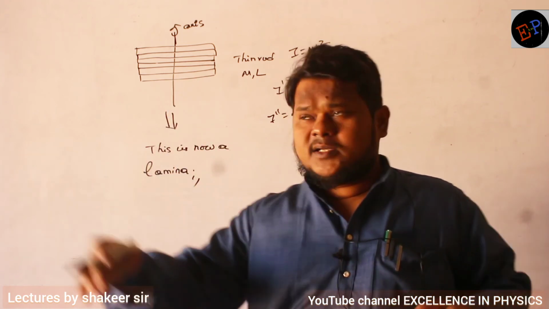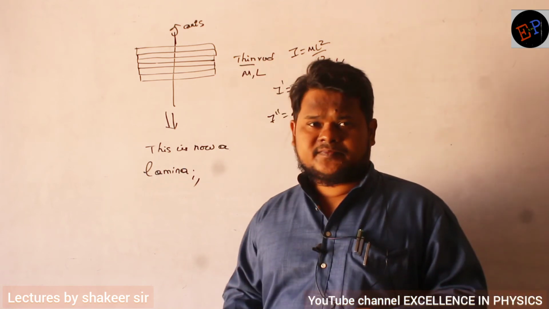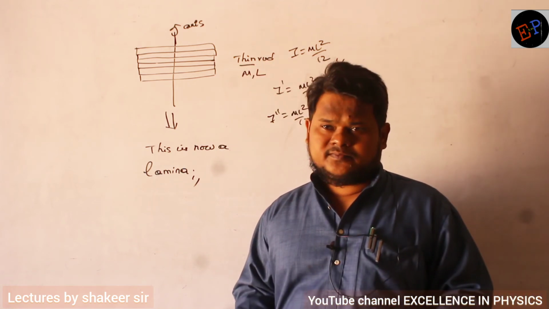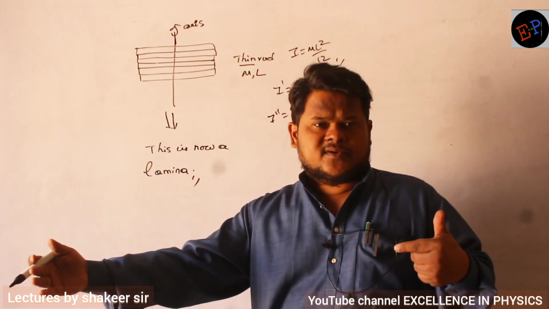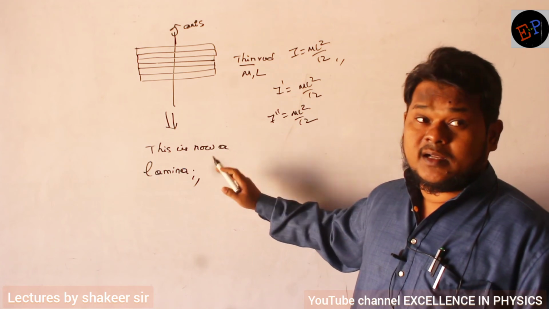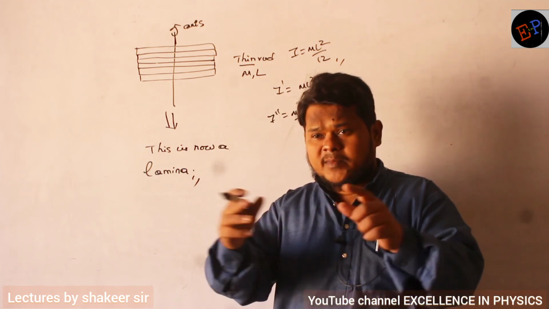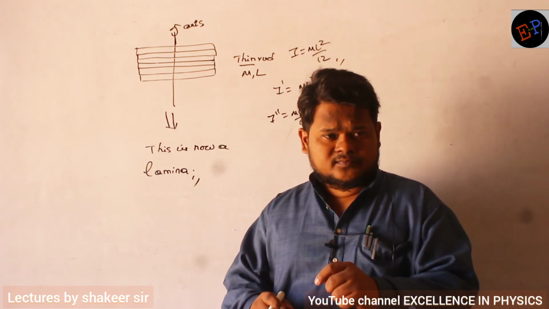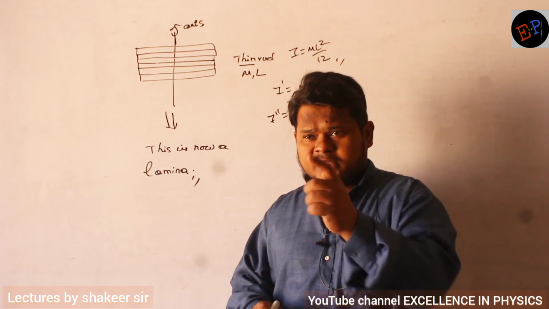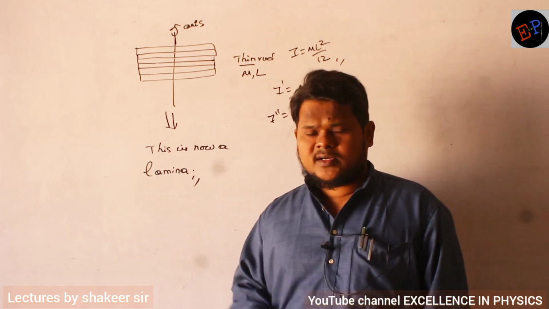Because what kind of rods are we taking? Thin rods. Thickness is almost 0. So all these rods, the combination of rods, behave like a lamina. And what is meant by lamina? Mass is distributed only in area, not in volume. Length is there, breadth is there, thickness is not there. That is called a lamina. Or you can say thickness is very small.